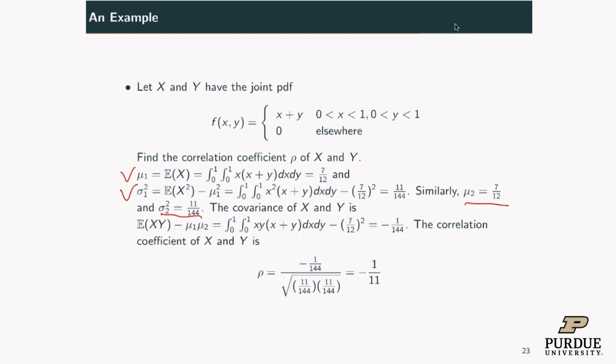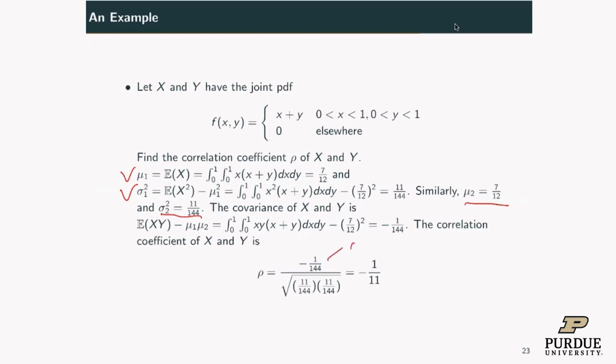The covariance between X and Y, by definition, is expected value of XY minus the mean product. We need to calculate the first term. The first term, the expected value, is a double integration. So we can get the covariance. Finally, we can work out the correlation coefficient between X and Y, the rho.